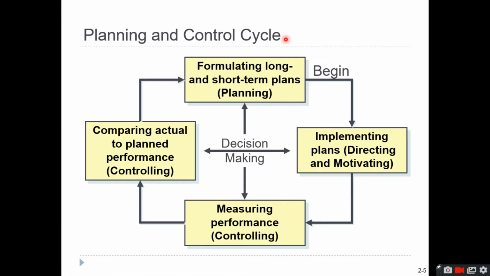Okay, and then going to measuring your performance or the controlling phase, and then feedback, which is going to be the determination of the variances between the actual and the planned performance. From there, going back again to the cycle. So you're going to plan again in order to improve or maybe develop additional tactics and strategies in order to improve the company.